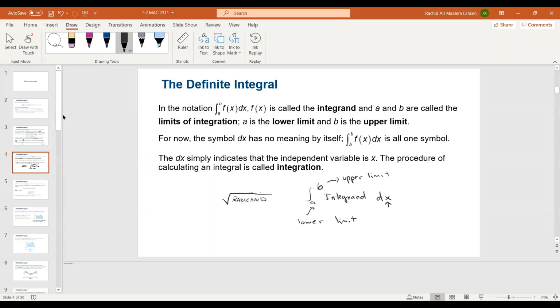So for now, what you need to know about it when it comes to the integral is that it indicates the independent variable, which here is x.